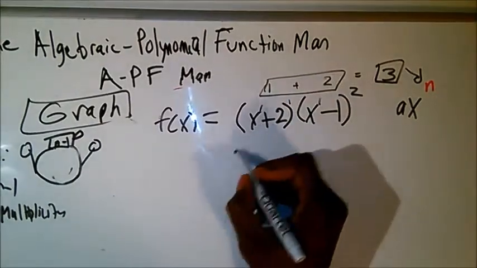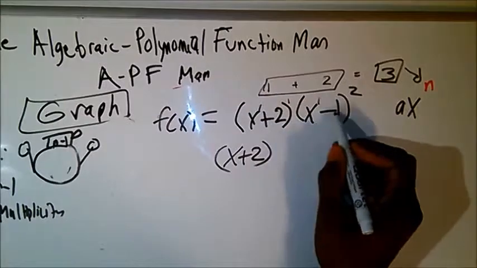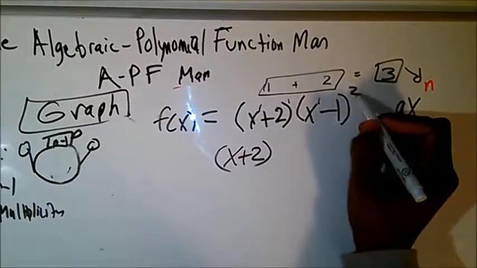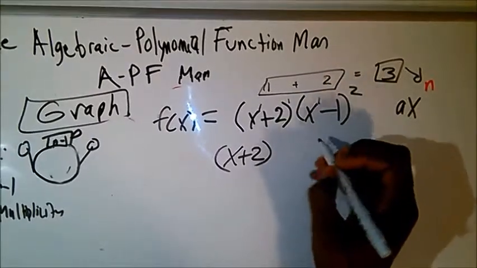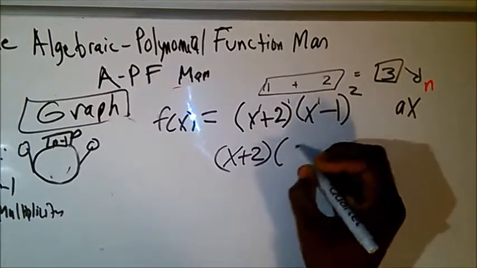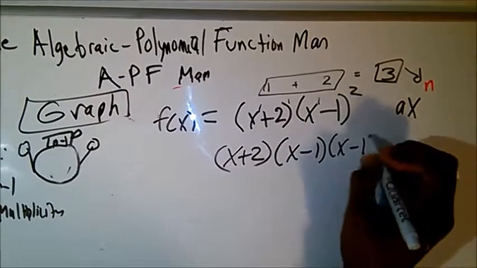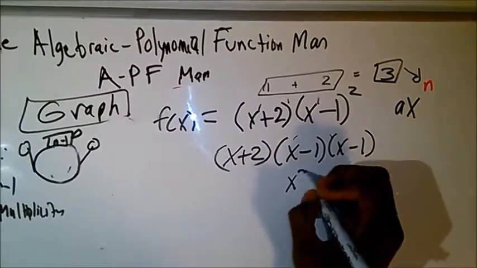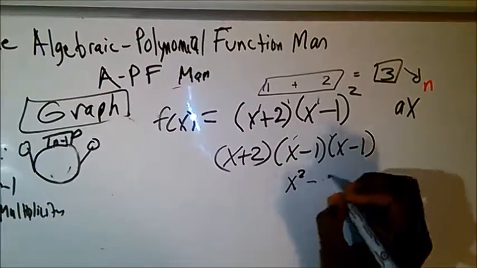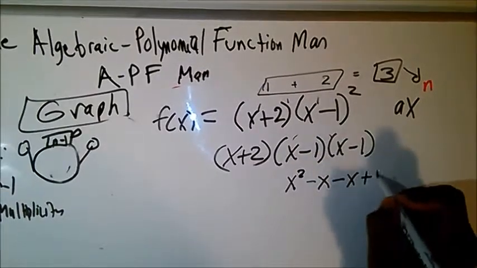Okay, we have this factor here, x plus 2, and we have x minus 1 all squared. There are many ways you can unfactor this. Some people do it this way, x minus 1 times x minus 1, and then they go x squared, minus x, and then minus x again, and then plus 1.